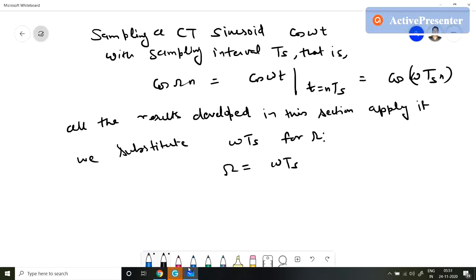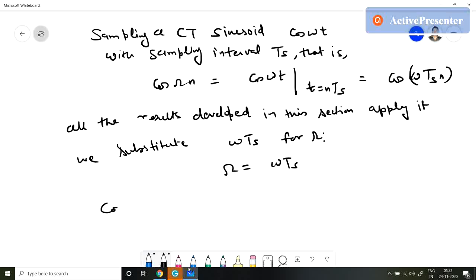So what is happening is that for a continuous time sinusoid cos ωt, there is a unique waveform for every value of ω in the range 0 to infinity. It is very interesting to see that increasing ω results in a sinusoid of ever increasing frequency. On the other hand, the discrete time sinusoid cos Ωn has a unique waveform only for values of Ω in the range 0 to 2π or minus π to π.